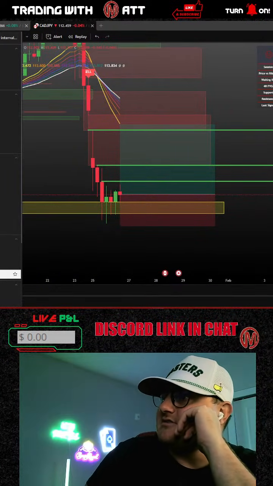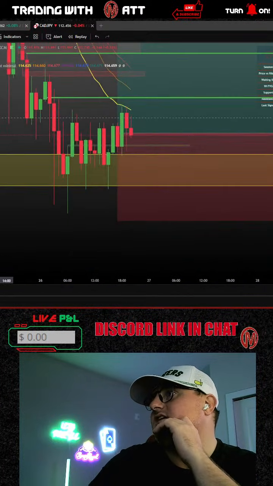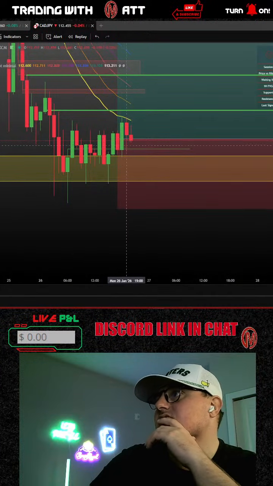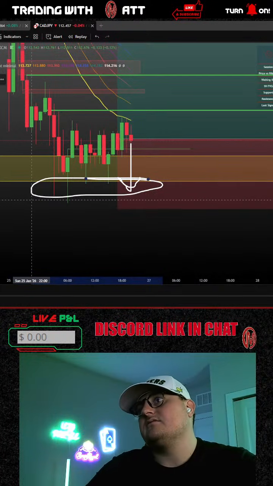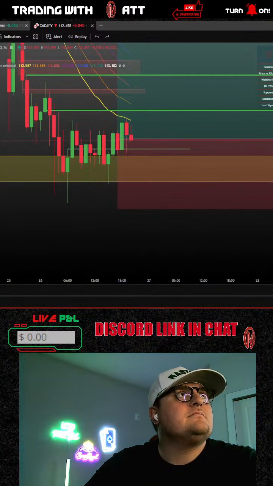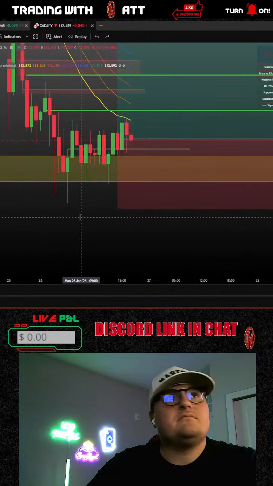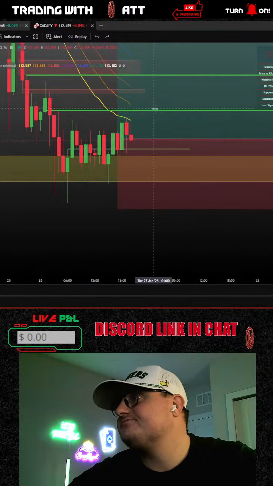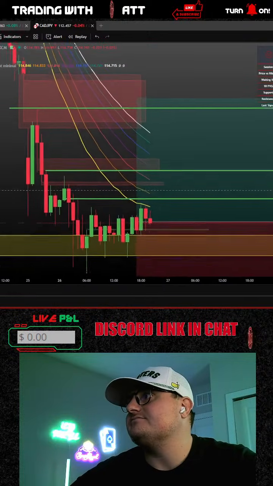But the 1 hour looks terrible. The 1 hour looks like it's going to do the opposite. It looks like it's going to come down and retest this zone, right down here. And you think CAD JPY will hit the zone? Which zone? The bottom one or the top one?